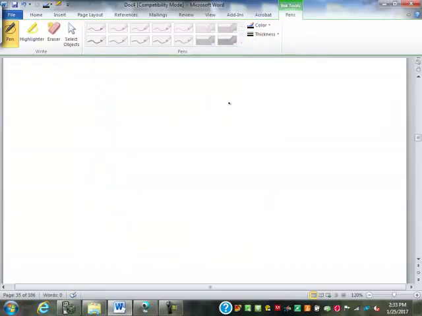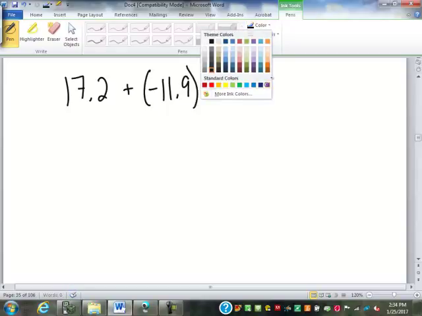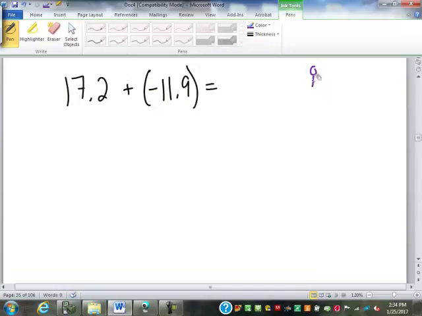So we might have 17.2 plus a negative 11.9. So from 0, which direction do I go? Positive or negative? You start out going positive, how far? 17.2, right? Doesn't really matter how far, just as long as we do comparatively. The negative 11.9, same direction or opposite direction?